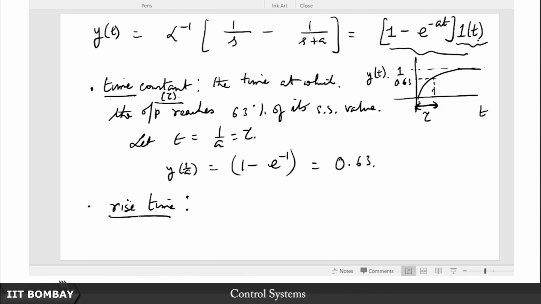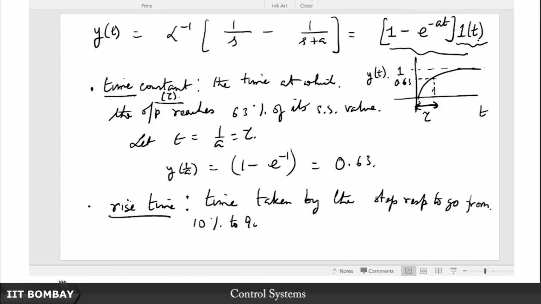So what is the rise time? Again, this is a metric of how fast the system responds in some sense. It is the time taken by the step response to go from 10% to 90% of steady state value.